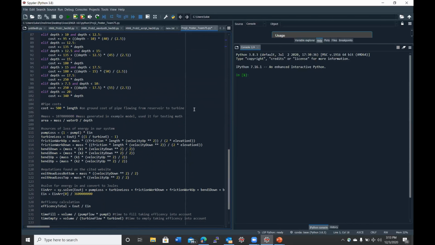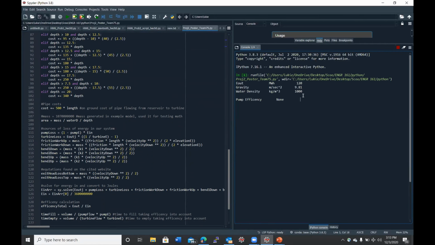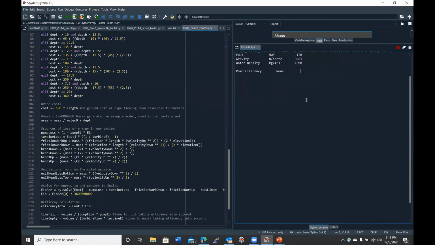So we can run our program with all the executions that we chose to optimize the system in terms of cost and efficiency. So our pipe efficiency was standard. We used 40 for the pump flow volume, 2.75 as the diameter.